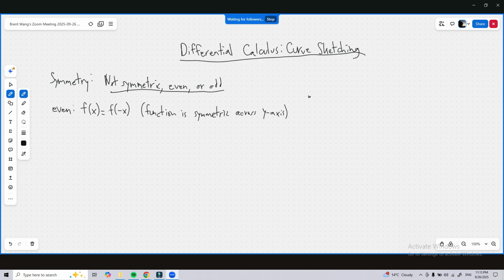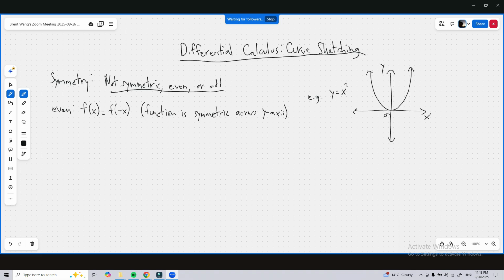An example of this is y equals x squared. Just looking at it, you can tell it's perfectly symmetric across the y-axis. It's like a perfect mirror.